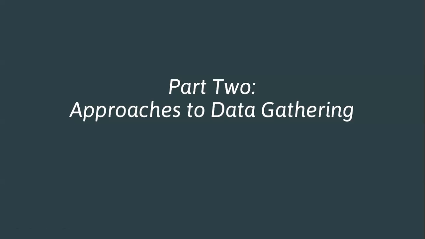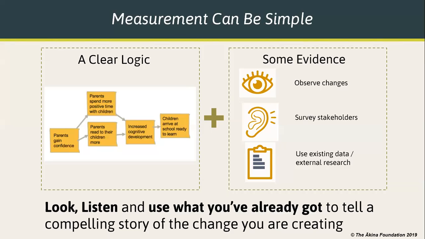Okay, so approaches to data gathering. So you've got your clear logic from your theory of change, and what we're trying to say here is that data collection doesn't have to be overwhelming.